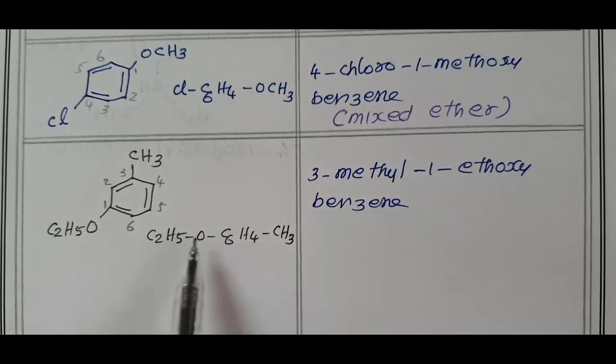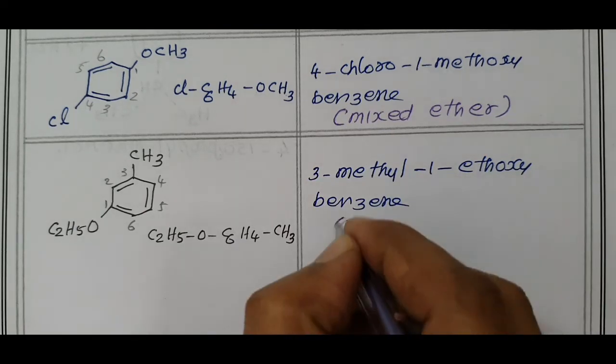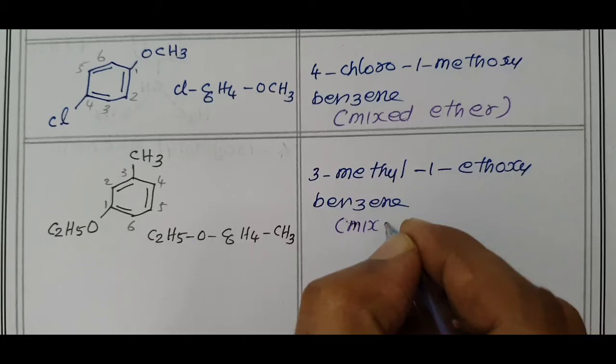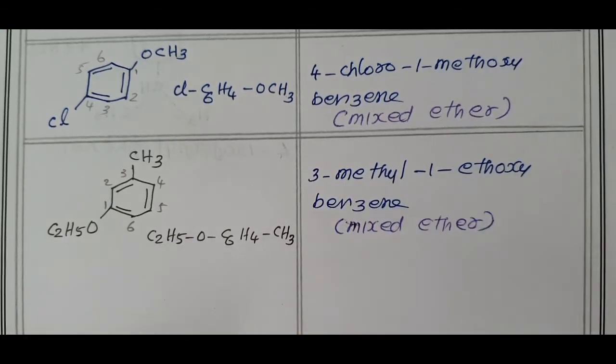The alkyl groups, here ethyl, here phenyl, C6H4. Both are different alkyl groups. Therefore, this compound is also an example of mixed ether.